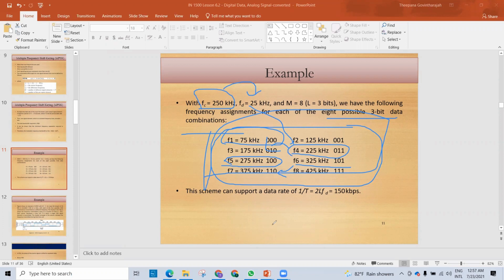And the scheme can support a data rate of 1 over T. T, as we have already seen, is the bit period. So 1 over T is the data rate.